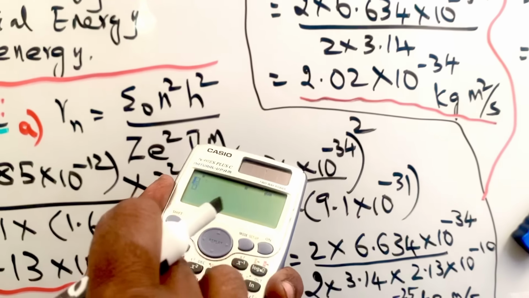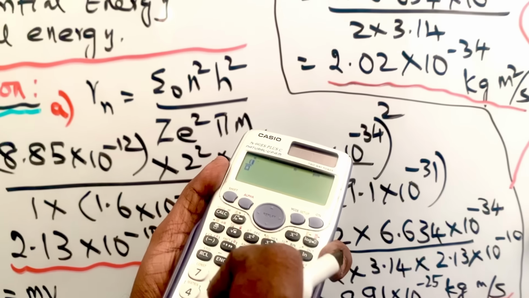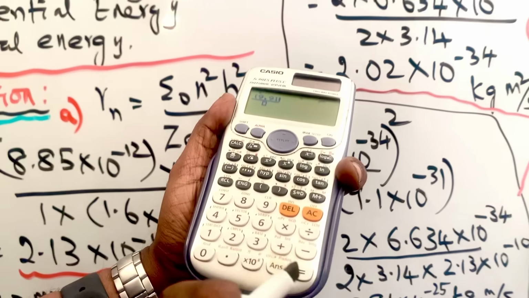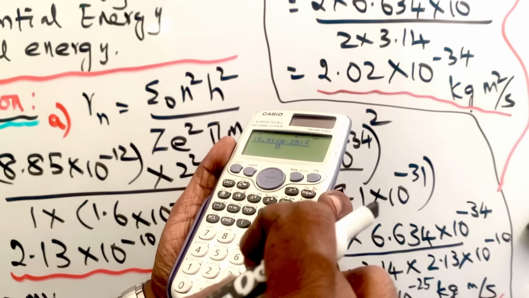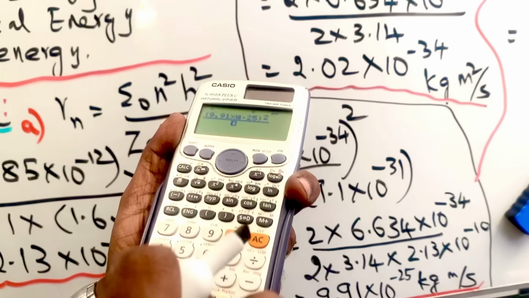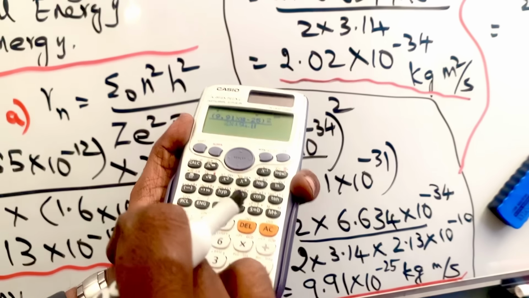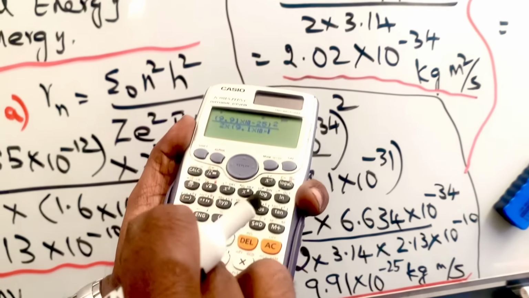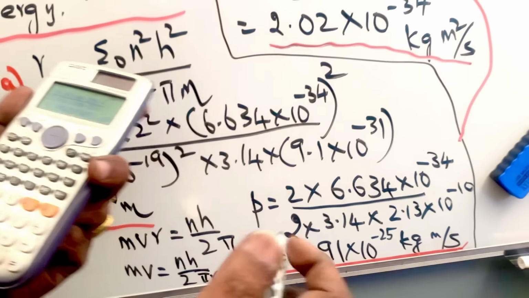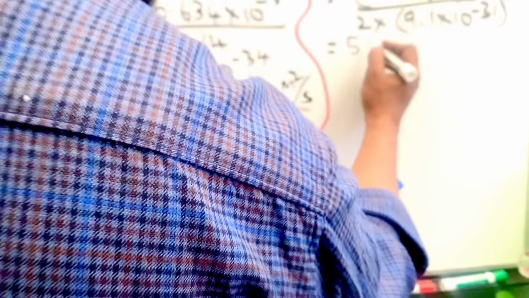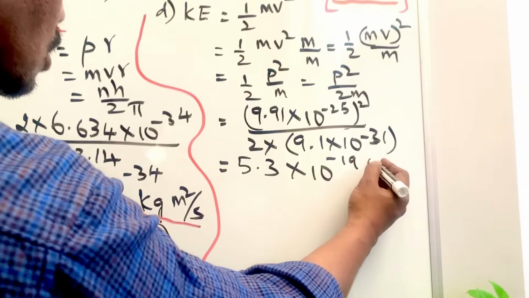Whole squared divided by 2 times 9.1 times 10 to the power negative 31. The answer is 5.3 times 10 to the power negative 19 joules.